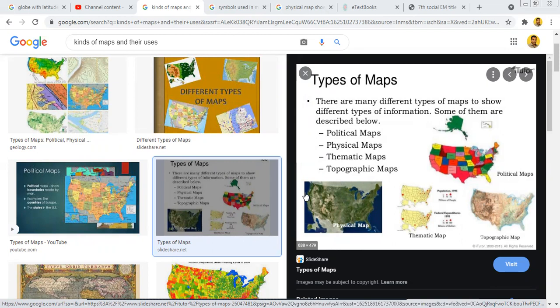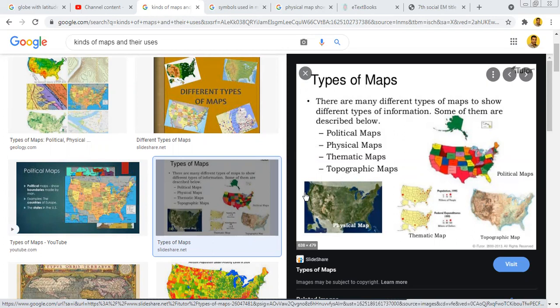Already I said, we cannot show real features like houses, trees, how hot, how much rains. We cannot show these features on the map. Maps are of different kinds, as you already know. Some maps tell us how high or low the places are.